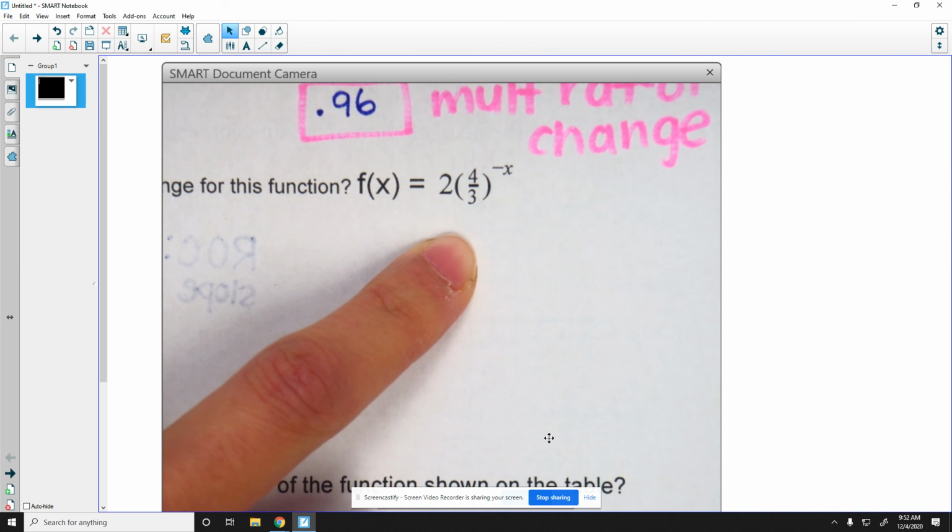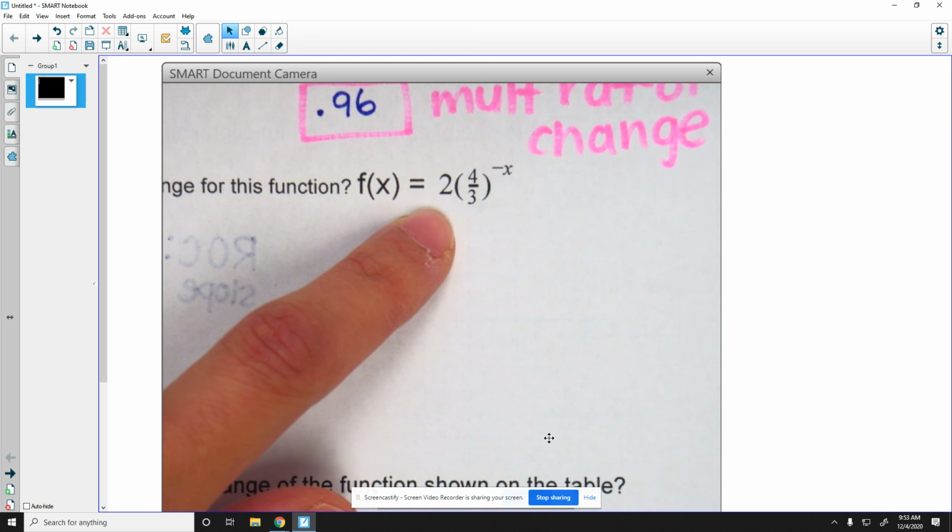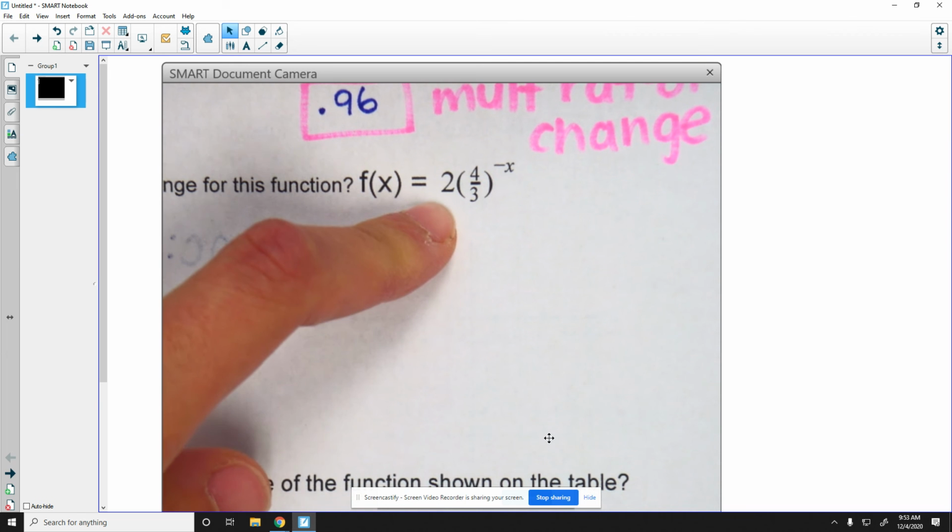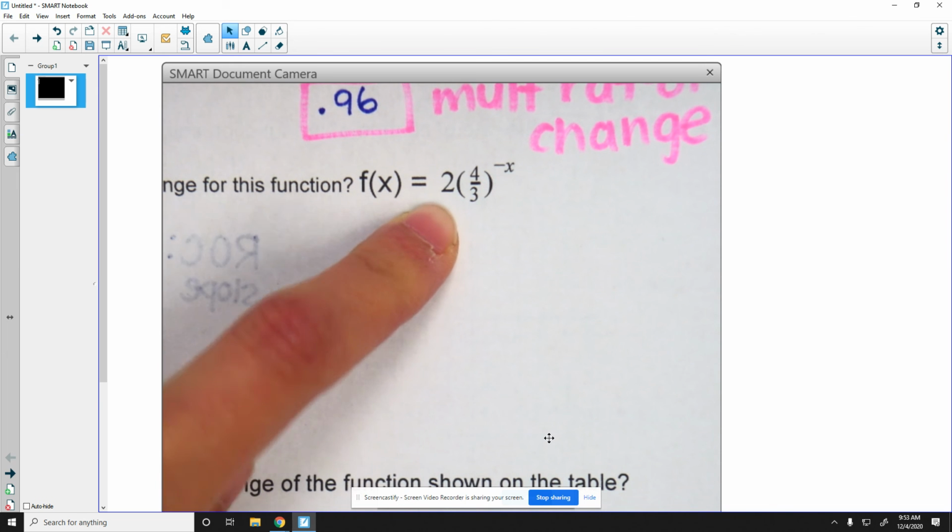Negative 4/3. Okay, I heard 4/3 and then negative 4/3. Those are all good, honest tries, but that's not right. Grayson, what do you think? Negative 1/3. Nope, not negative 1/3. That's a better try, I see where you're going with that.